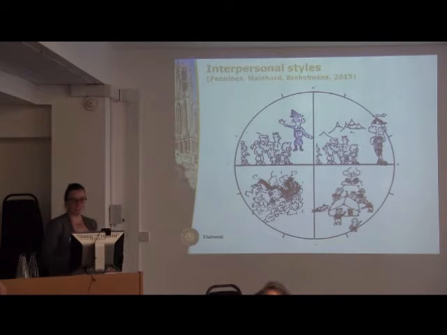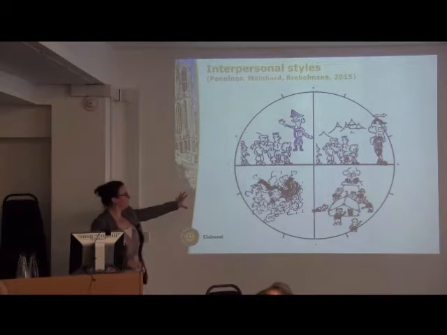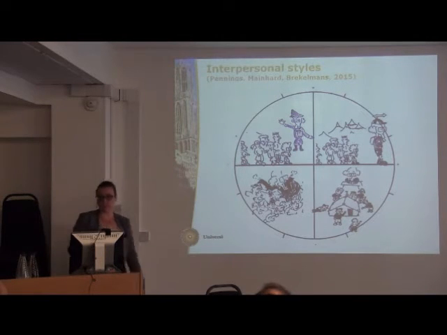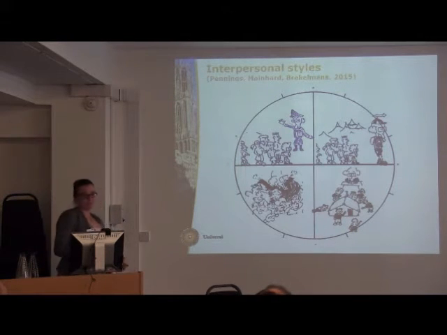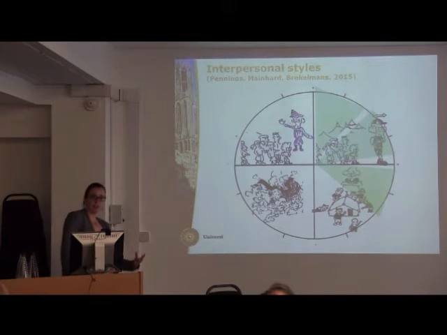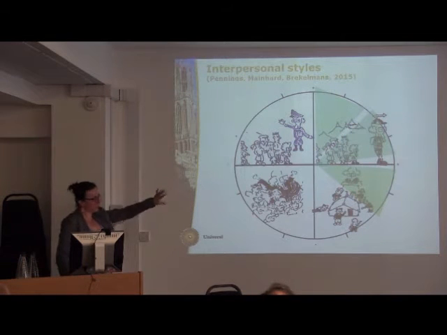Teachers in the lower left part of the circle are, well, not very good teachers. There is a lot of chaos and disorder in the classrooms. All these types have been found to be desirable or less desirable for education. So the 3 octants that are green there are the more desirable interpersonal styles.